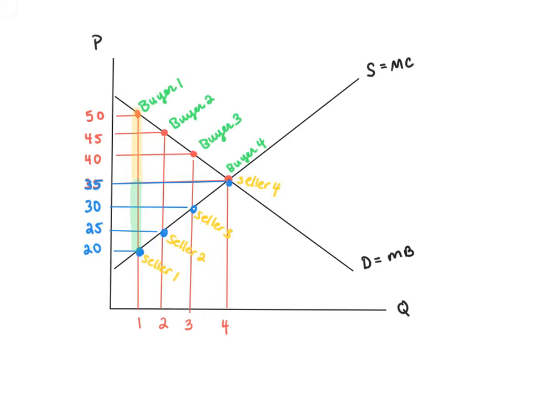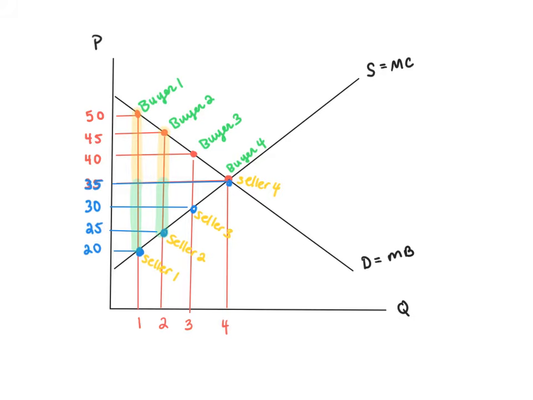More specifically, if the price is $35, Buyer 2 would enjoy a consumer surplus of $45 minus $35 or $10. At the same time, Seller 2 is enjoying a producer surplus of $35 minus $25 or $10. Again, when this exchange of Unit 2 occurs, because both the buyer and the seller benefit, society benefits in total.